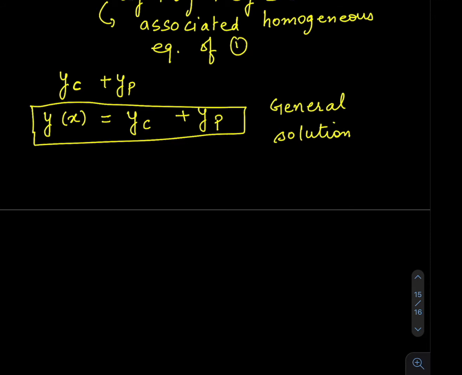Okay. So here we are going to talk about the methods to find the particular solution, because we already know how to find the complementary solution, right? So the first method we are going to discuss is the method of undetermined coefficients.